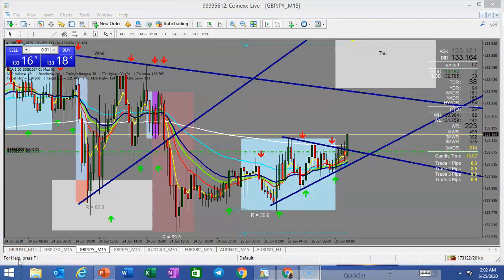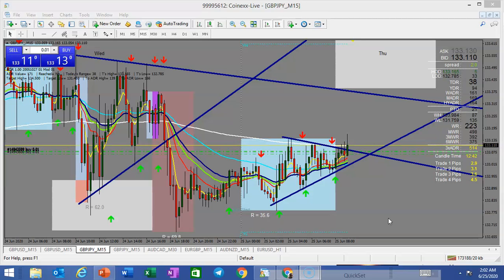Okay, so we broke out of the triangle for GJ. As you can see, I got in. We're waiting for our 20 pips, and then we're going to take profit. So hopefully you got a clear picture on how to trade triangles. This is really all that it is.